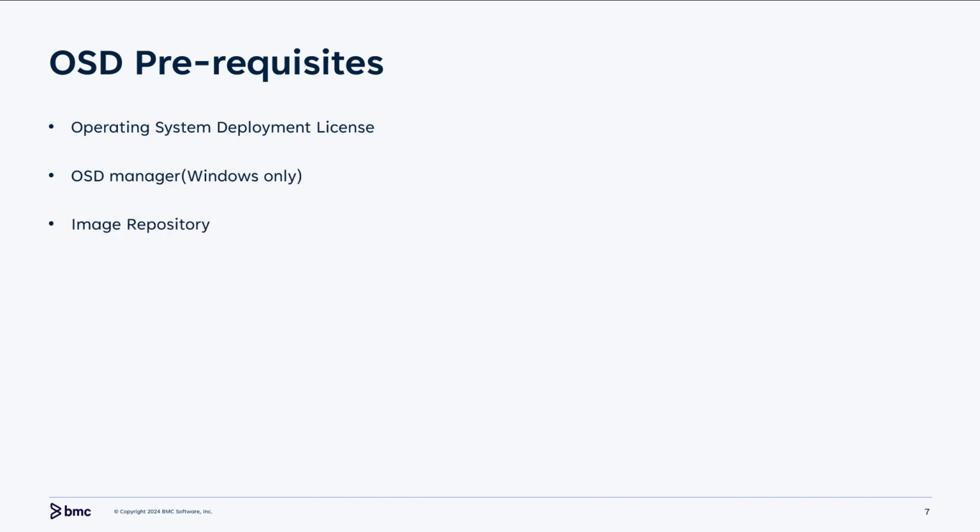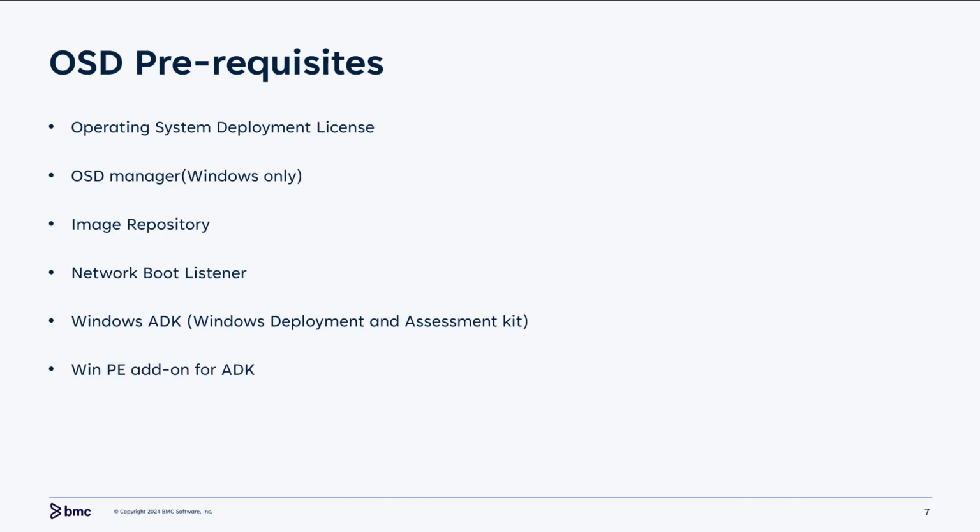The image repository, the network boot listener, and last but not the least, Windows ADK and the WinPE add-on for ADK. Please note that starting from Windows ADK 1809, WinPE is not bundled with Windows ADK and is available as a separate download.